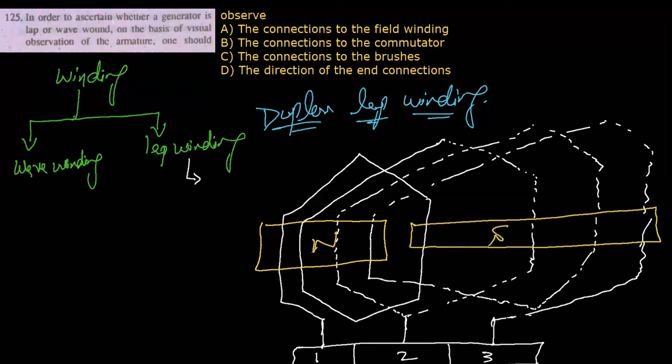So if the space between the starting terminal and the finishing terminal is farther apart, then that is your wave winding. So here the starting and finishing space is further apart.